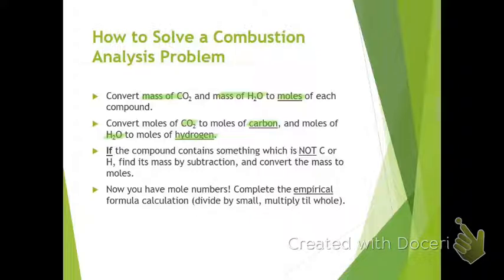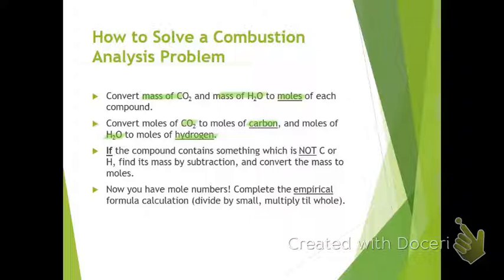Like the hydrocarbon that we saw in that last unbalanced chemical equation, sometimes it might contain something which is not carbon or hydrogen. In that last little reaction we saw, it contained oxygen. So we could find the mass of oxygen by subtracting out the mass of carbon and hydrogen, and we would need to convert that mass of oxygen to moles as well.